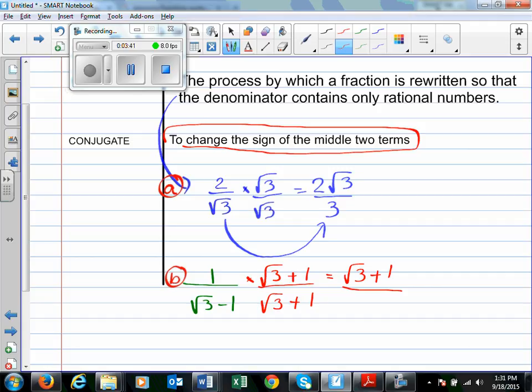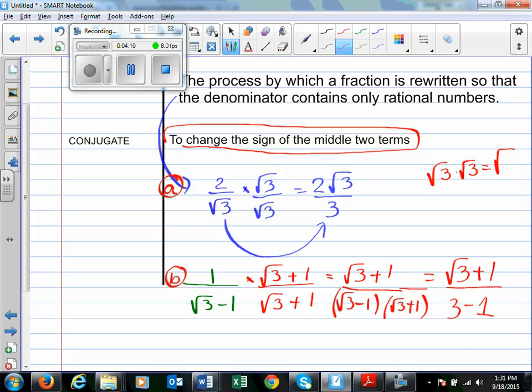This is of the form, you multiplied this whole thing, right? Remember it is a plus b times a minus b, so you get a squared. When you square a square root, it becomes 3, minus 1. Basically, the square root is removed. It cancels out because square root of 3 times square root of 3 is square root of 9.